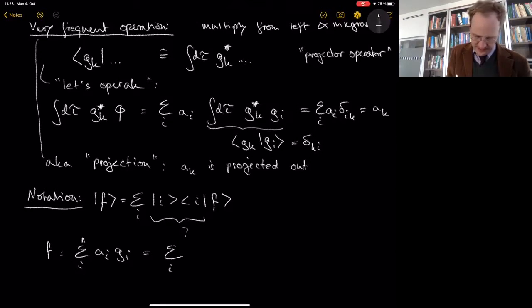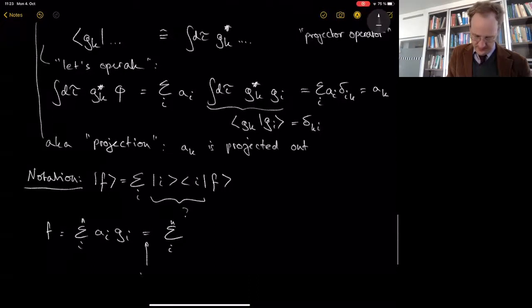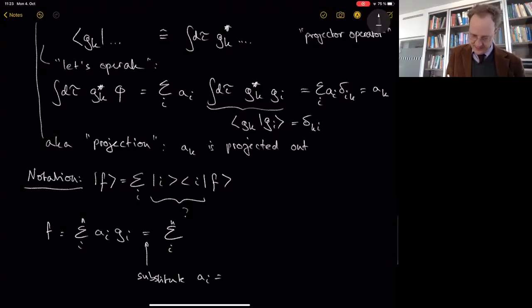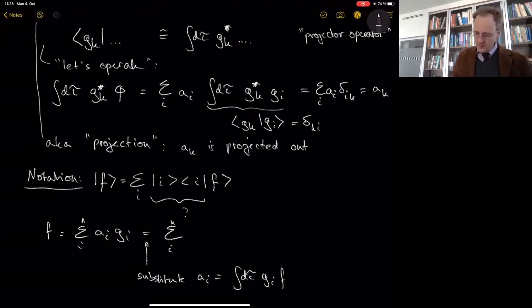So we can substitute this. AI is the same as your integral d tau gi star f. So we can insert this here.